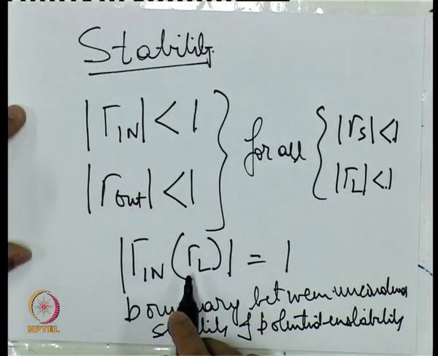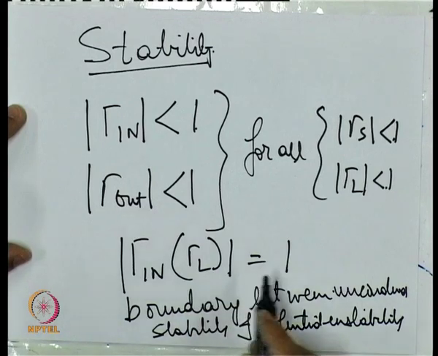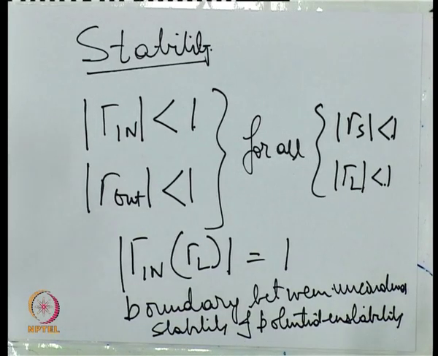Gamma in as a function of gamma l modulus equal to 1 is the boundary between unconditional stability and potential instability.